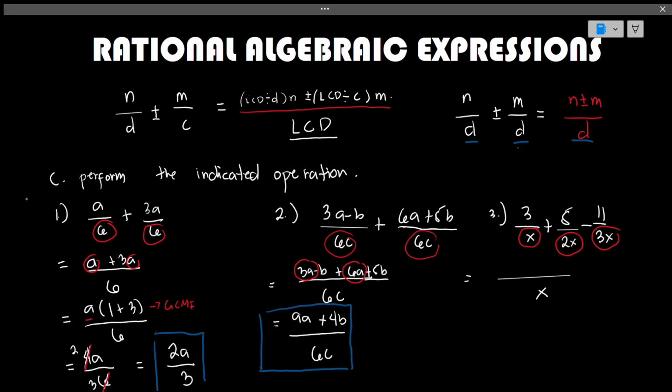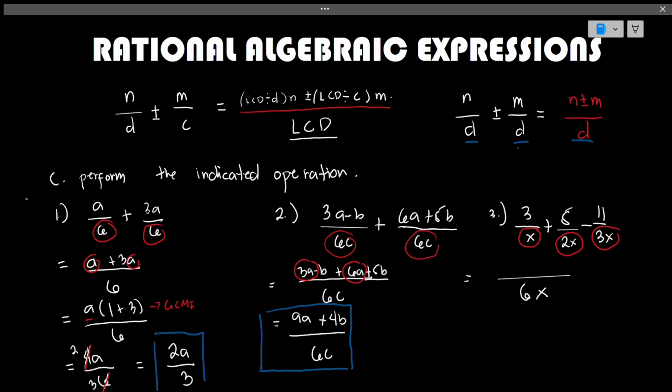What will be the LCD in terms of numerical coefficient? The numerical coefficient of the first denominator is 1, followed by 2 and 3. 2 and 3 are not divisible by each other, so we need to multiply them: 2 times 3 is 6.